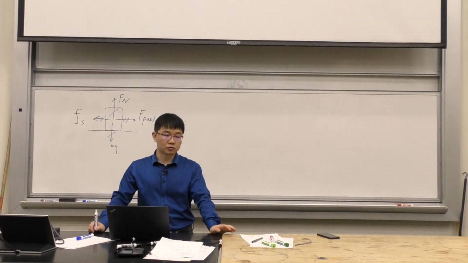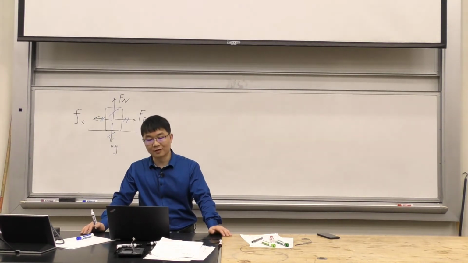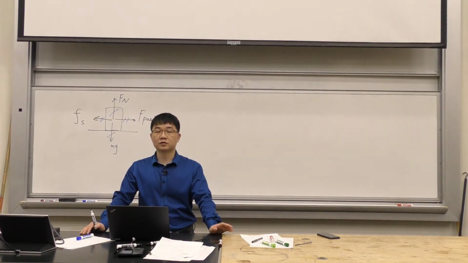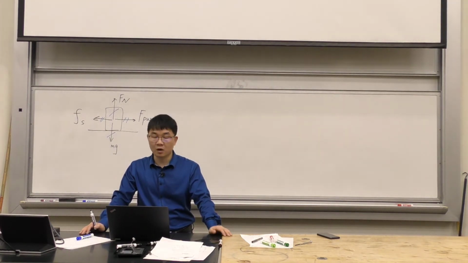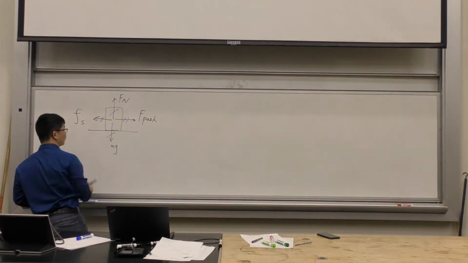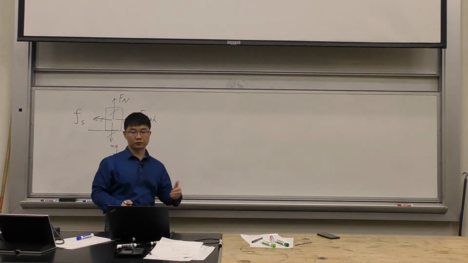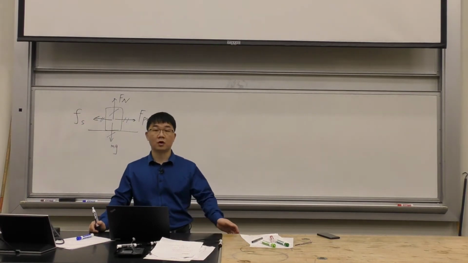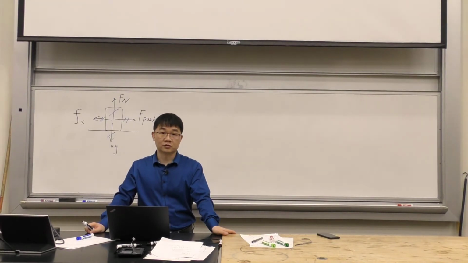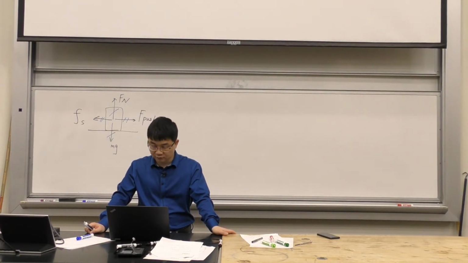You can do the experiment yourself. Push a little bit harder, it's not moving, and then even harder, it's still not moving. So the pushing force you apply on this heavy box can change. But if the box doesn't move, the static friction force is equal to the pushing force in this whole process. So the static friction force is also changing. It's not a constant.